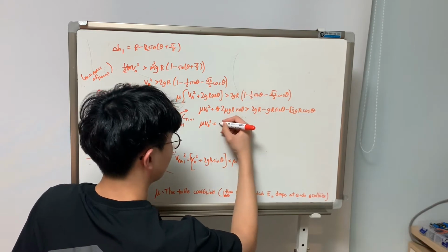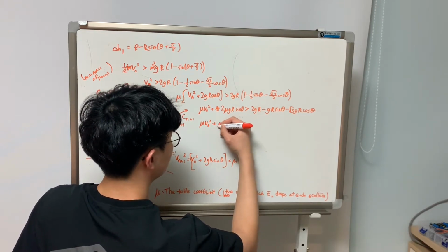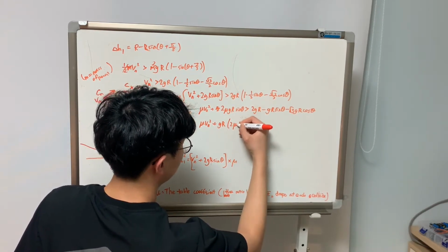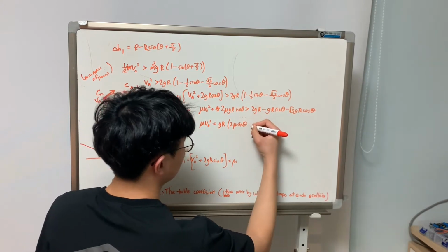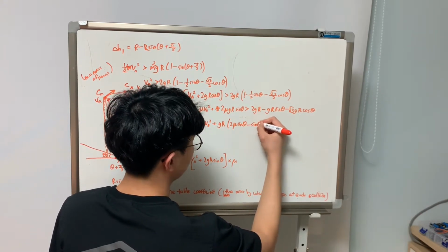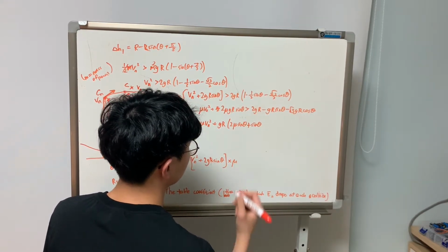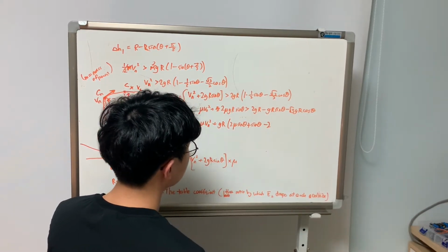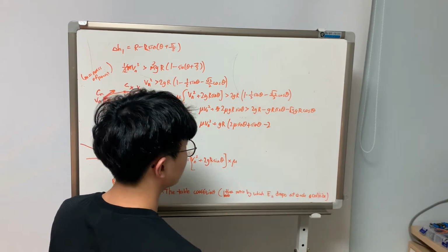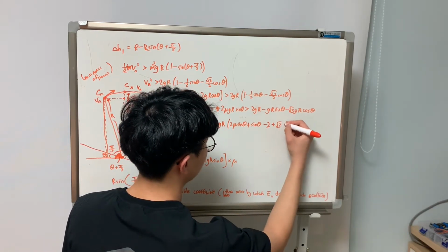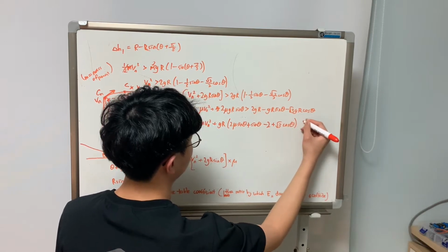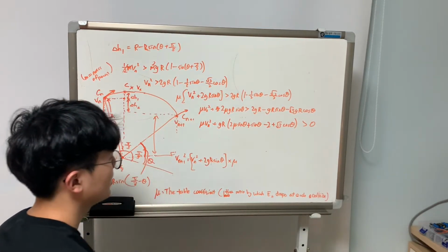First of all we could wrap everything by gr, so we have gr of 2 mu sine theta minus sine theta, so that goes a plus, and we have minus 2 gr, which is a minus 2. We have a plus root 3 gr, so we have plus root 3 of cosine of theta, and that's all bigger than 0.